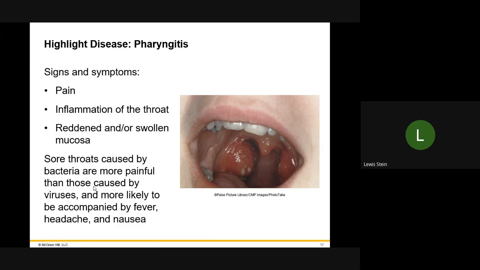The big distinction between viral and bacterial infections: viral infections, mild ones like the cold, don't typically come with fever, headache, nausea. When we start to get bacterial, we get a little bit more. Fever is more common, gland swelling is more common, severe sore throat. Not exclusively. You're going to learn about adenoviruses, which are kind of like when you hear about the bad cold.